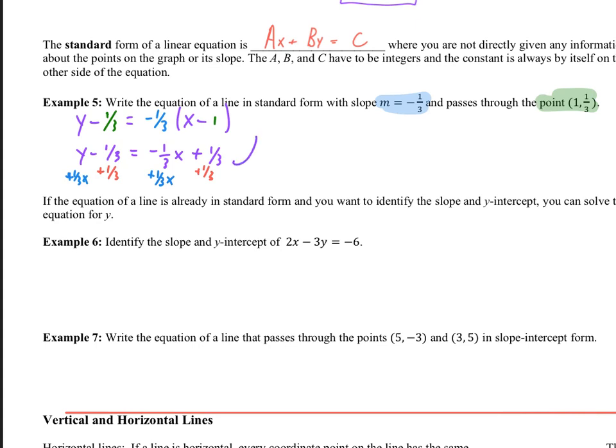And so that ends up with positive 1/3 x plus y, and then here 1/3 plus 1/3 is 2/3. So we've gotten the x and the y on the same side, and we've got the constants all on the right side. So we've got that part down, but what we don't have is everything being integers, right? Which means no fractions.